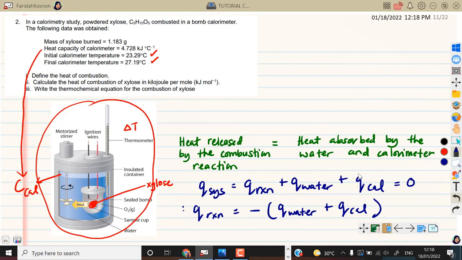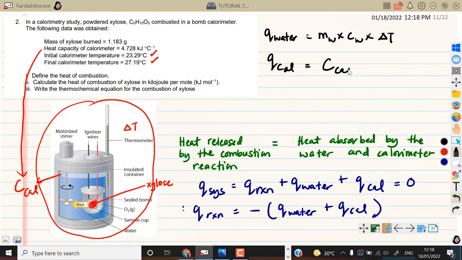Okey. Jadi, kalau kita lihat kat sini kan, basically, saya contohin dekat atas. Basically, kalau kita nak kira heat of water, tak ada masalah. Heat of water equals to mass of water times specific heat capacity of water times delta T. Okey, kalau kita nak kira heat absorbed by the calorimeter sama dengan apa?